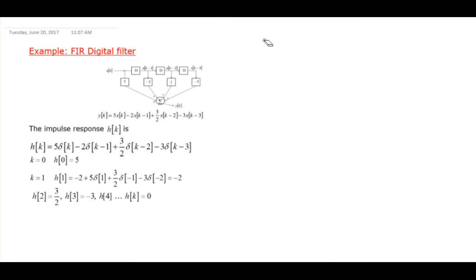Okay. Now, coming from this digital diagram, we have xk going in, multiplied by 5, feeding into this summing junction. So we have 5xk, and then plus, it becomes yk.